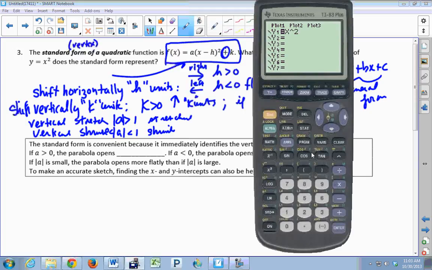And let's say we do y equals 10x squared. And now instead of 10, let's do 1/10, 0.1x squared. So in one situation, a is 1, that's our parent. The next situation, a is 10, it should be long and skinny. And when it's 1/10, we should come way out.